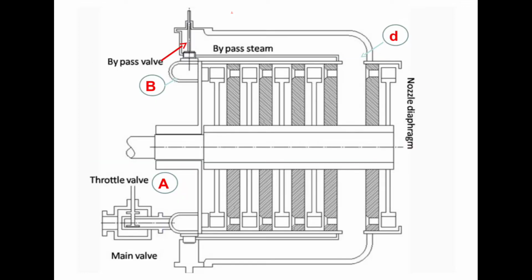This is the bypass governing system. We can see the bypass valve at the top of the governing system, where the bypass steam entry and exit regions are, and then the throttle valve is also located at the bottom of this bypass valve.